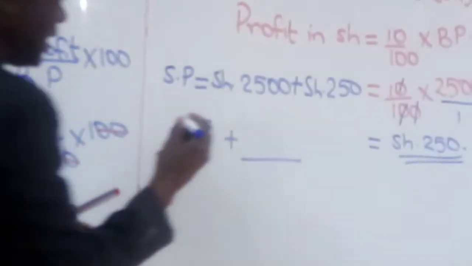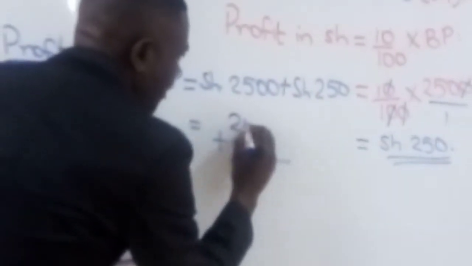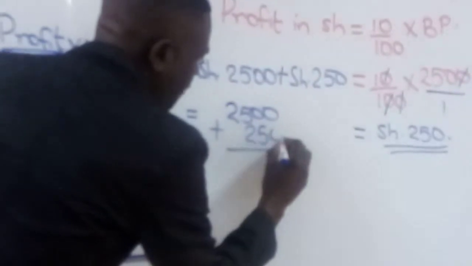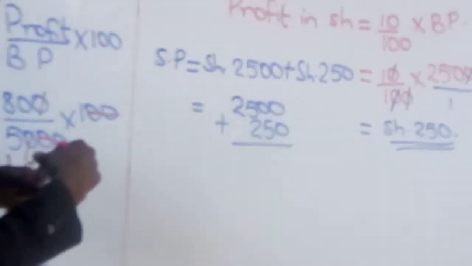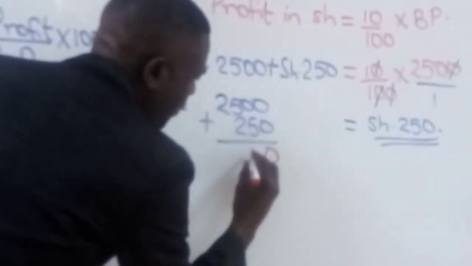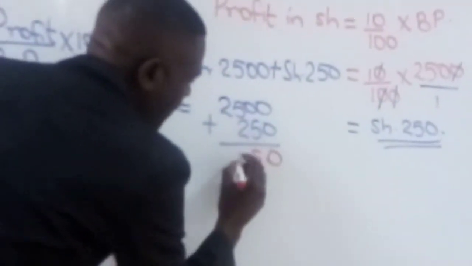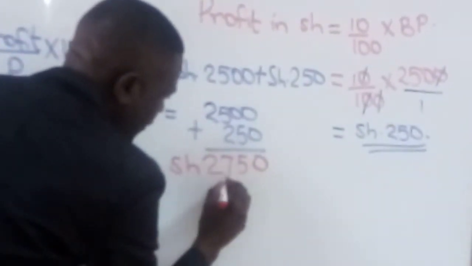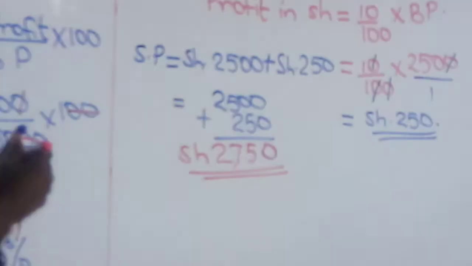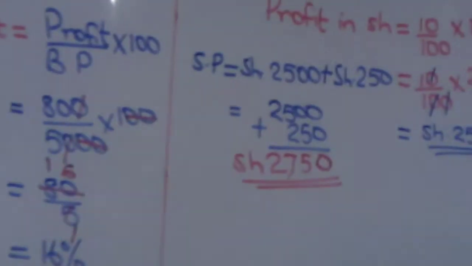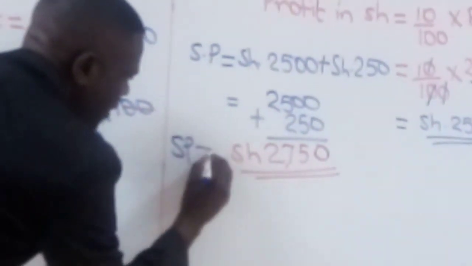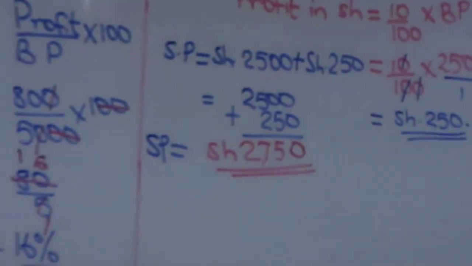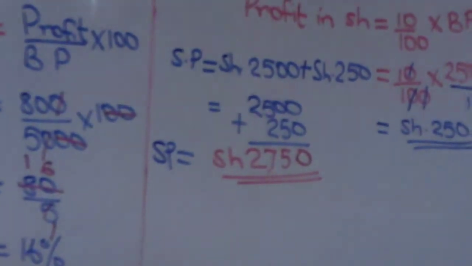We are adding 2,500 plus 250. And so that is going to be 0, 5, that is going to be 7, 2,750. And that is the selling price. So the selling price SP is equal to 2,750. Sorry for that confusion.